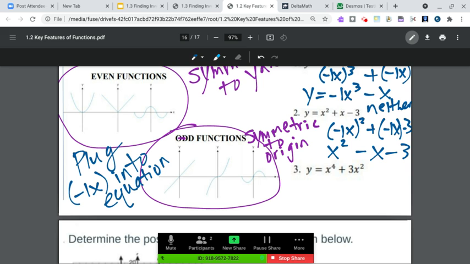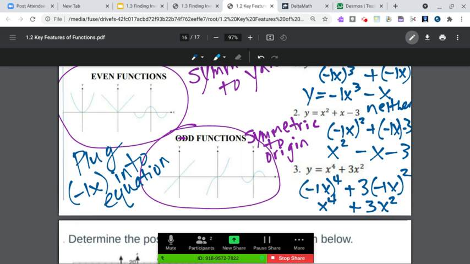Okay, lastly, let's check number 3. We're going to plug negative x to the 4th plus 3 times negative x squared. Anything to the even power will always turn positive, right? So this is just going to come back to be x to the 4th, and then this is going to come back to be 3x squared.